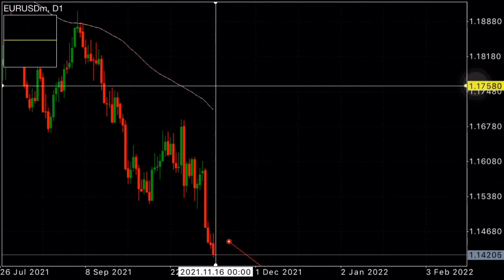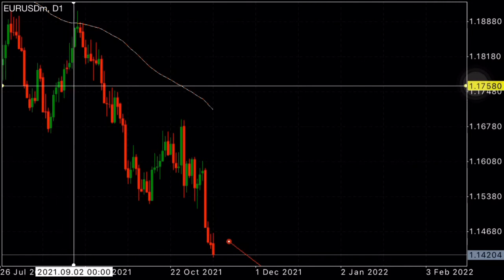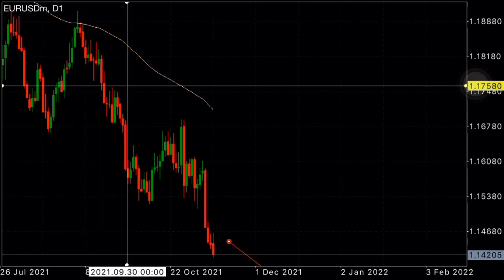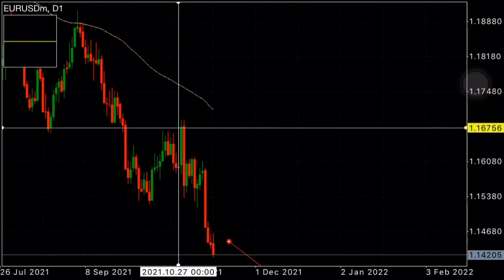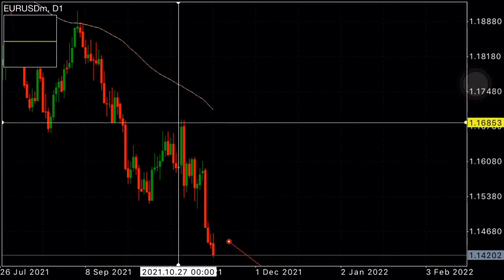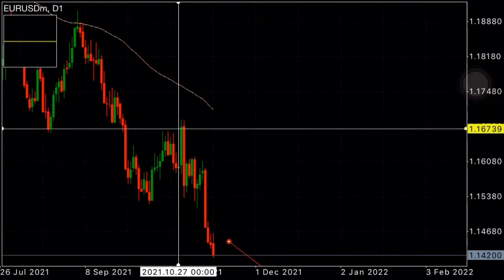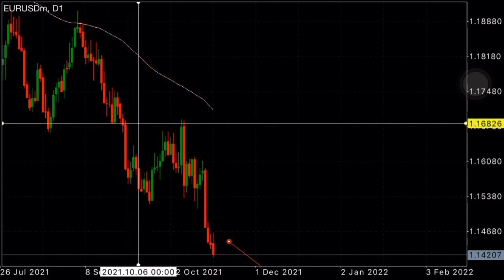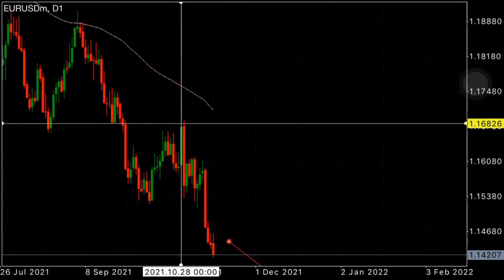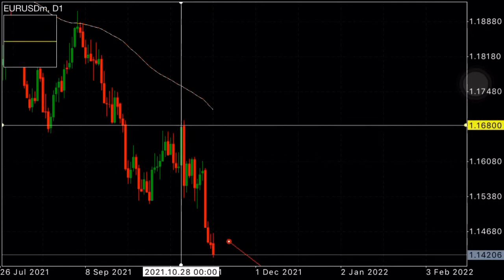You can see a swing to the upside, a swing downwards lower, and a swing to the upside. The price reacted to this area, a kind of resistance level, then support, broke through, and came to this swing again, just to tell you that it has been on a downtrend.